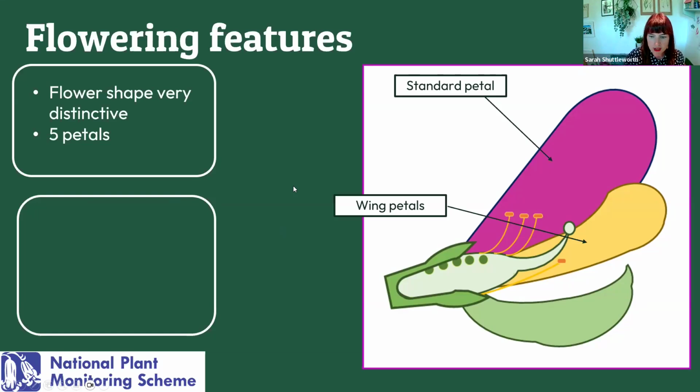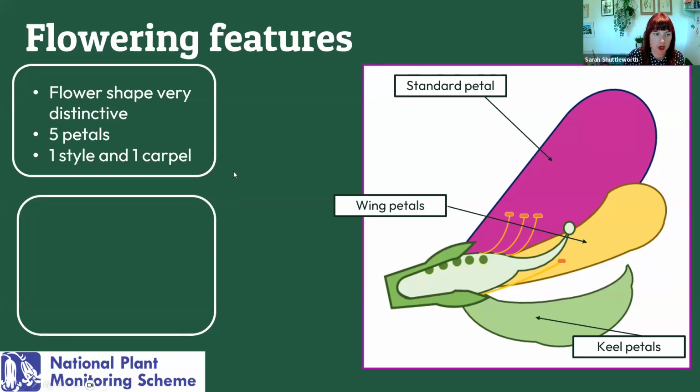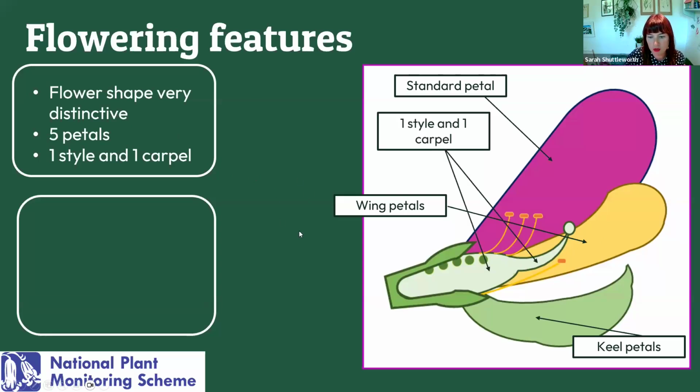We've then got the wing petals, which sit neatly either side, a little bit less obvious. And then you've got the very, very distinctive almost banana-shaped keel petals, which are down underneath, everything's there protecting all the flowering parts. We've got one style leading to the stigma, and then we've got one carpel, which is where we've got the developing fruit inside.